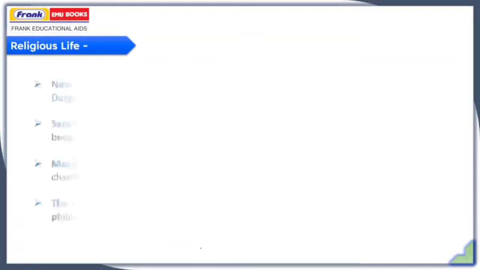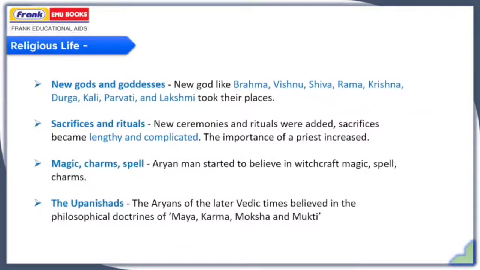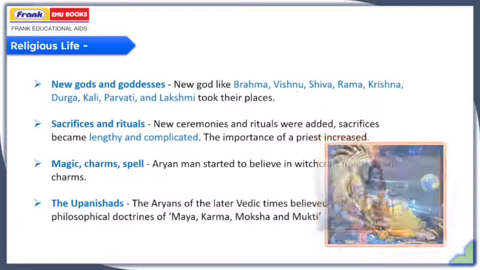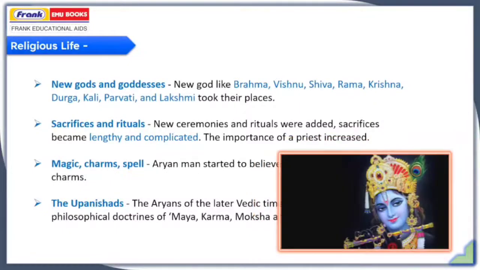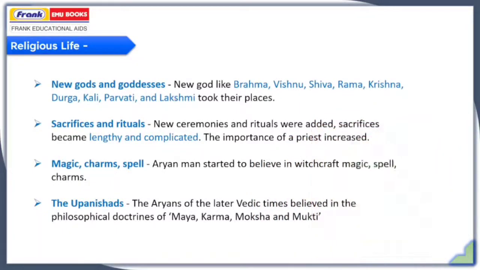The religious life. New gods and goddesses came into being in the later Vedic period, such as Brahma, Vishnu, Shiva, Ram, Krishna, Durga, Kali, Parvati, and Lakshmi, who took their places. The sacrifice and rituals. New ceremonies and rituals were added, and the sacrifice became lengthy and complicated in this period.